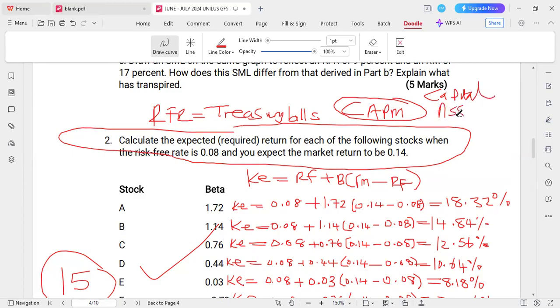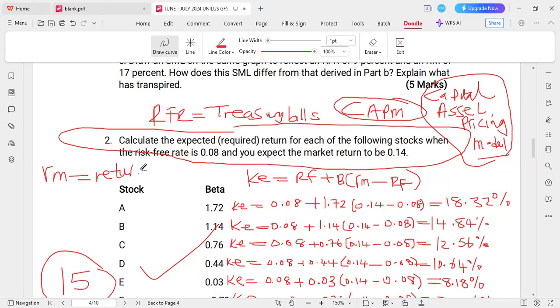So this is on what we are looking at concerning the risk and return. Given the return of the market, RM is the return of the market, or market return.